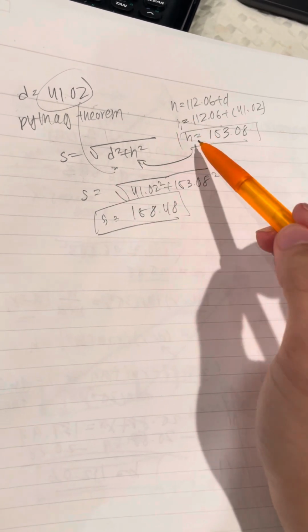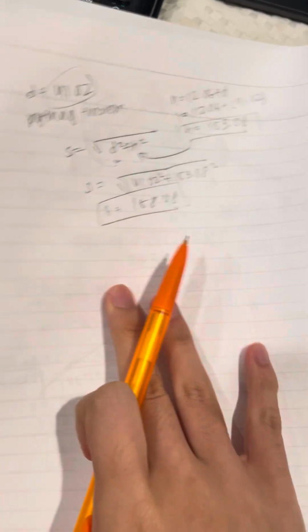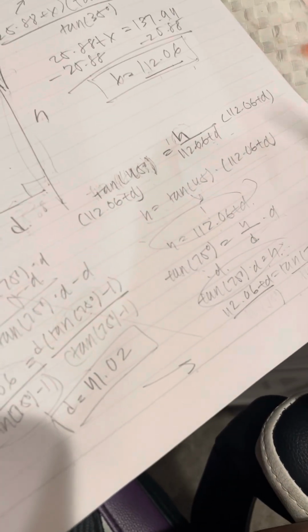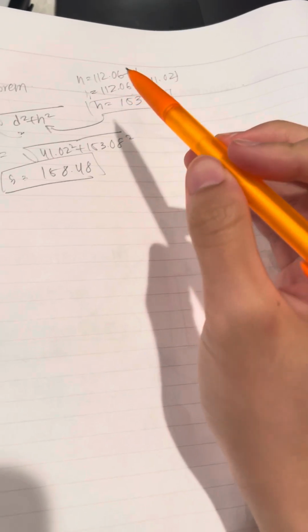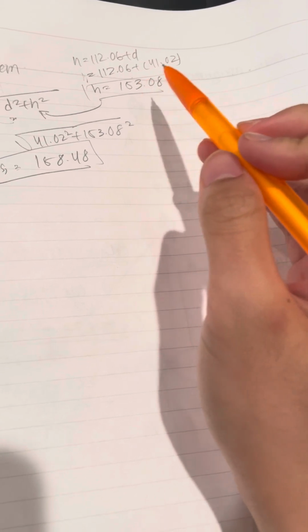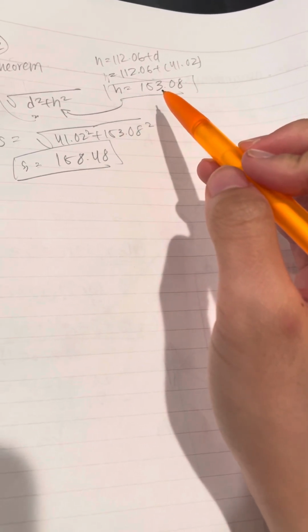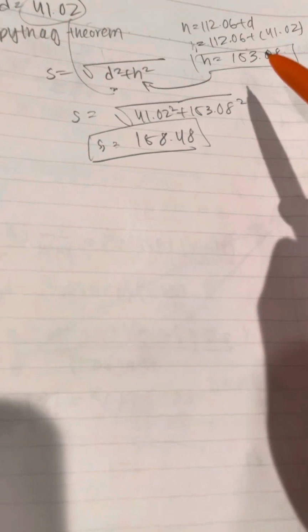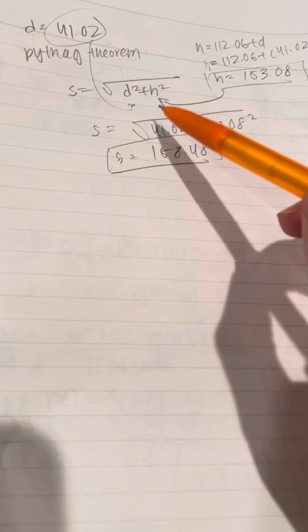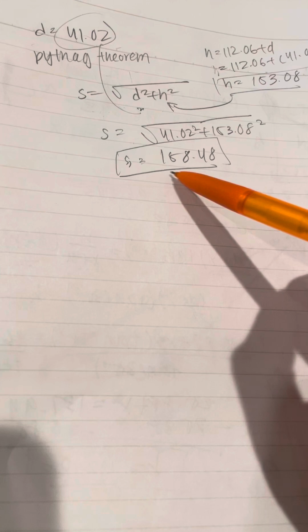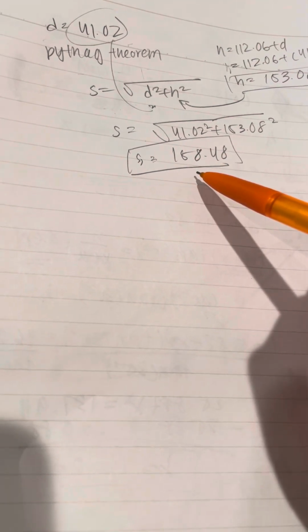If you remember from before, h equals 112.06 plus d, so I put 112.06 plus d, and then I plugged in d, and I got 153.08 for h. Then I plugged these two values into the calculator.